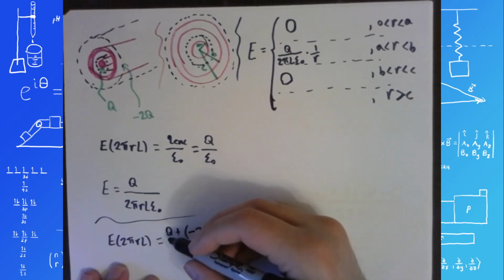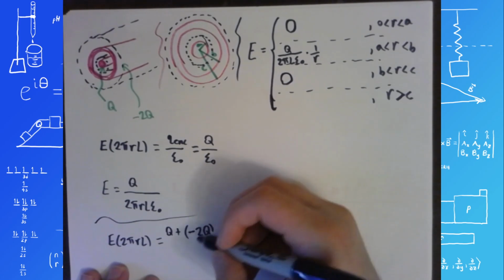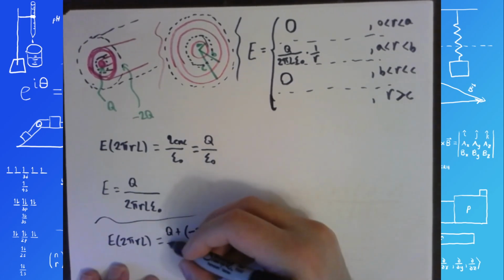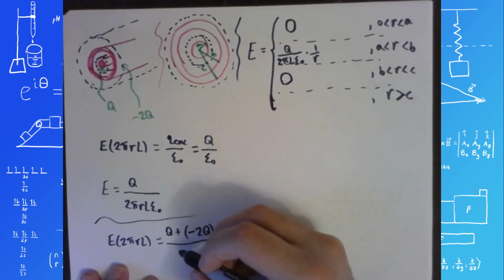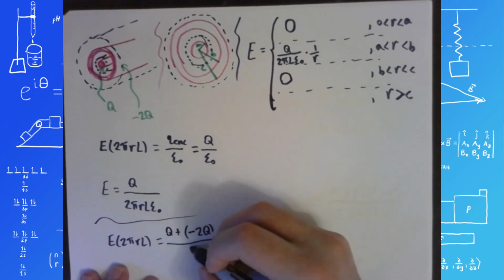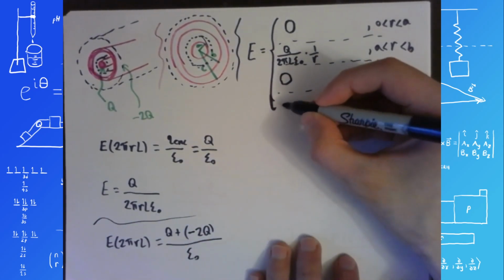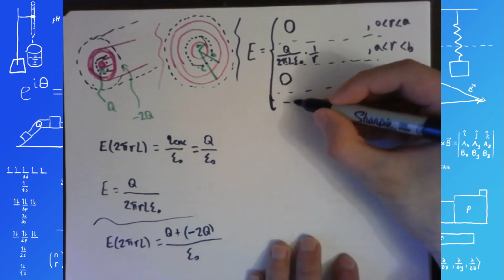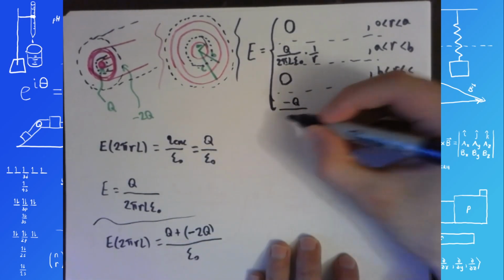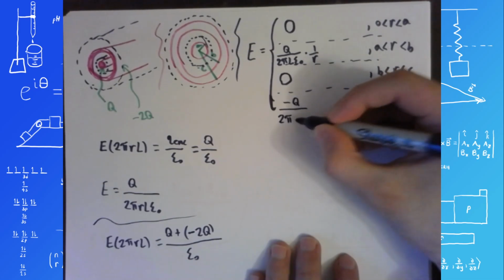Wait, did I call this Q1? Big Q plus negative 2 big Q. All over epsilon naught, divide by 2 pi RL, and we get Q minus 2Q is minus Q, and then the rest is pretty much the same.